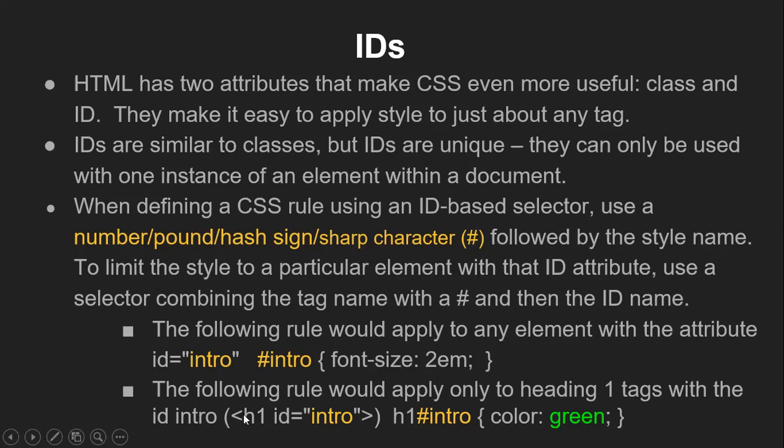For instance, let's say you have H1 that has ID equals intro. Then, to be specific about it, you can use the selector h1 followed by hash intro. This will affect the H1 alone, or you just say hash intro alone.